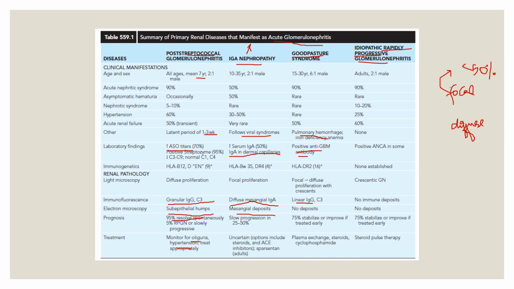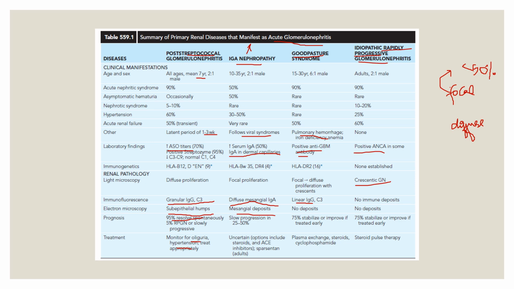In granulomatosis with polyangiitis, it's an ANCA-associated vasculitis, and there can be other manifestations like sinusitis, and there is pulmonary hemorrhage and all. That is the difference. And it is presenting as an RPGN, rapidly progressive glomerulonephritis. So RPGN usually is ANCA-mediated in some, but in others it can be non-ANCA mediated also. And actually, it is divided into three types. We'll just see that in the next slide. Crescentic glomerulonephritis, that is the other term.